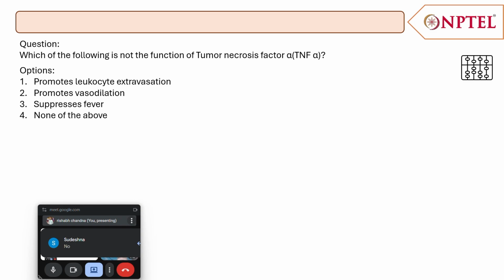So, what can be the correct answer? Okay, any more answers?